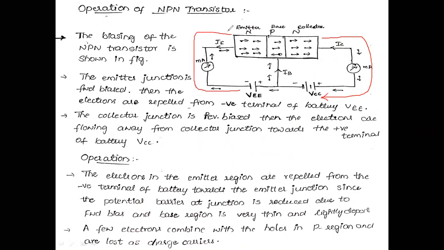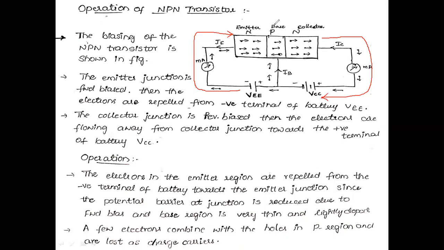It will again enter into the emitter. Those electrons are attracted towards the positive terminal of battery VCC, and are liberated again to VEE, as well as transmitted to the emitter, then to the base, and then to the collector.